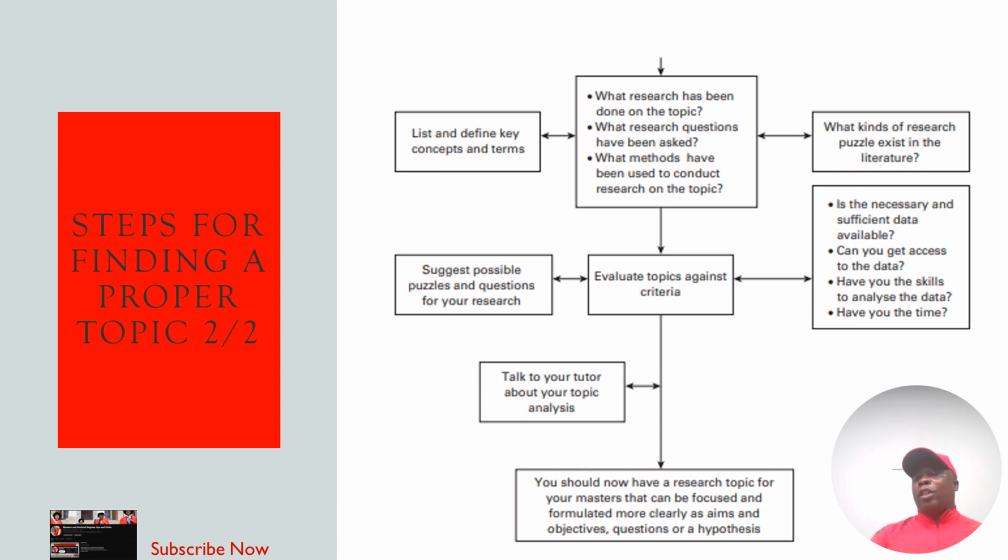They just want a topic, so that they give the supervisor the topic, and the supervisor approves it, and they can continue. The challenge with that is you don't know what has been done, and you don't know the methodologies that have been used by other researchers to carry out research similar to yours.